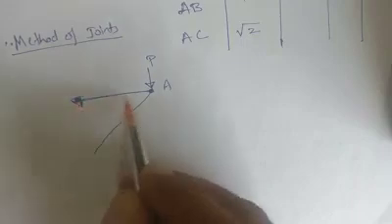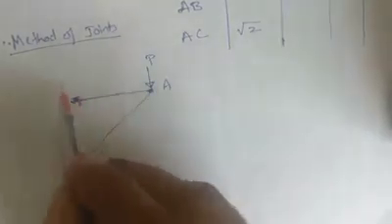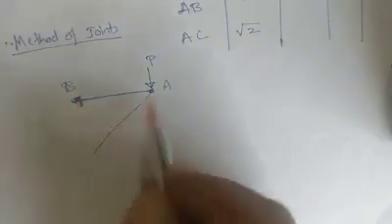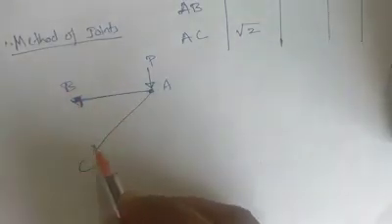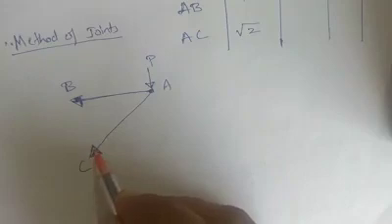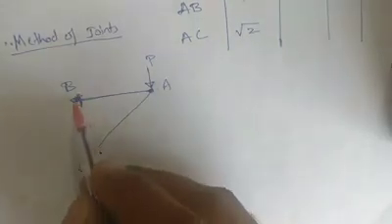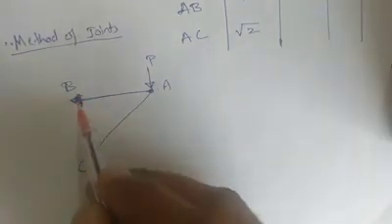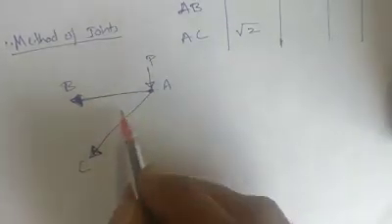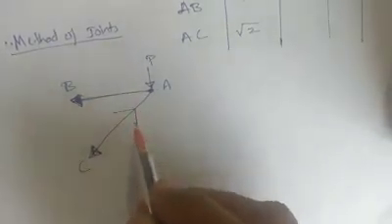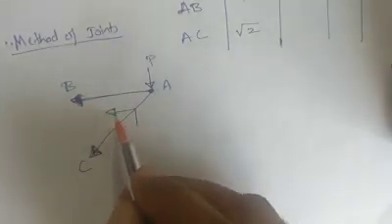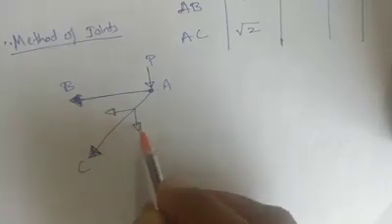This is moving away from the joint, A, B, and this is C. This is also away from the joint. For horizontal member, we don't resolve the forces, but for inclined members, we resolve the forces into components: horizontal component and vertical component.